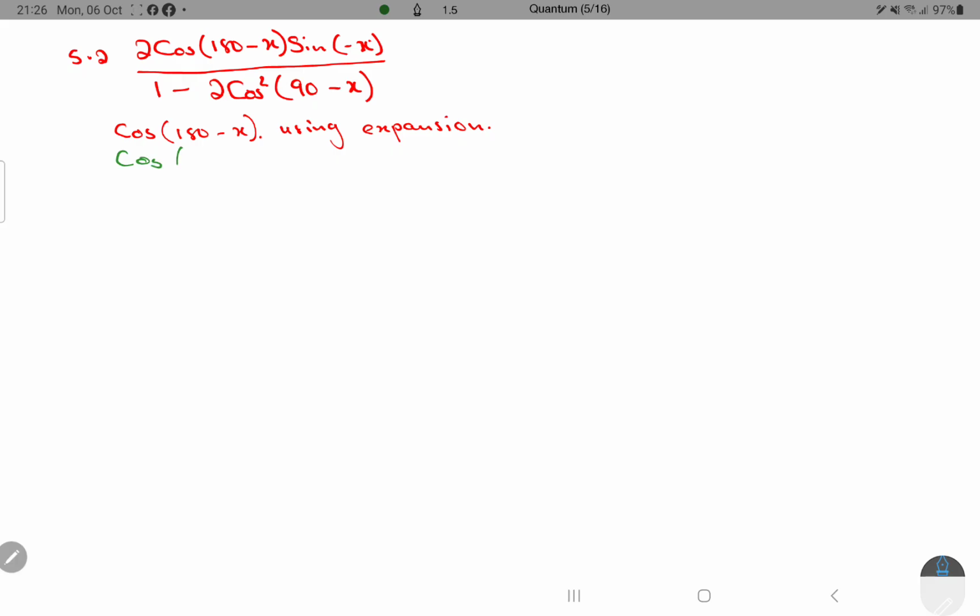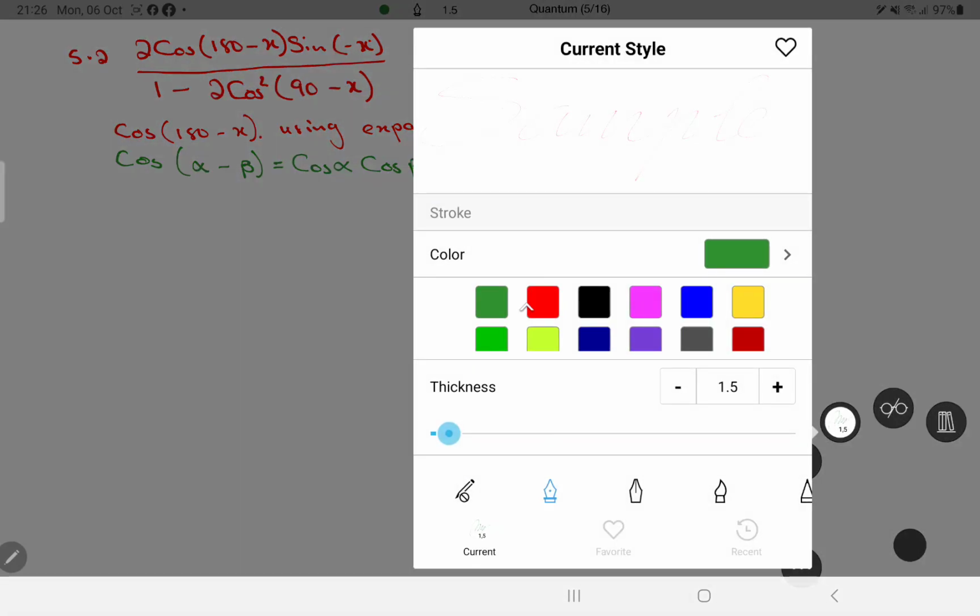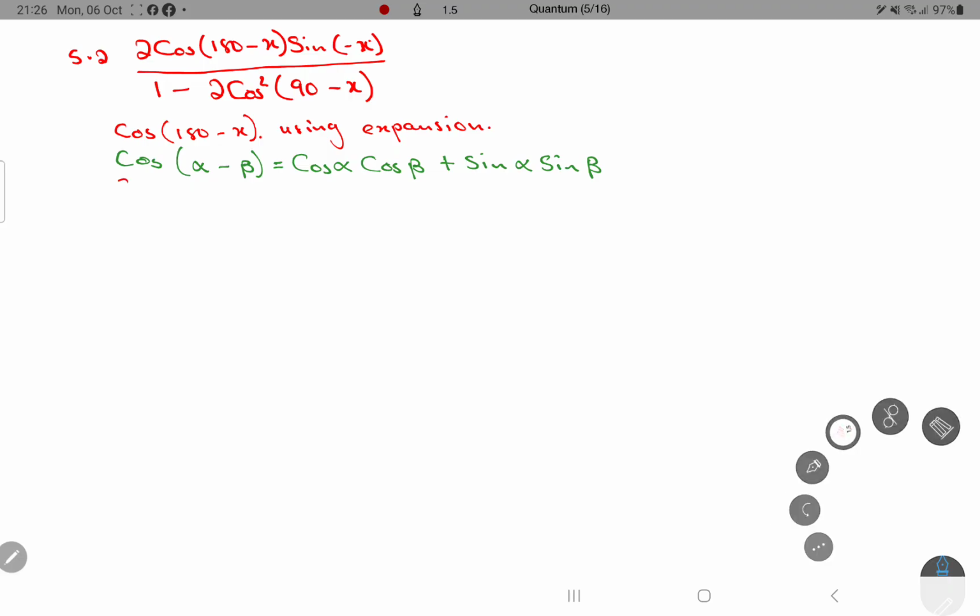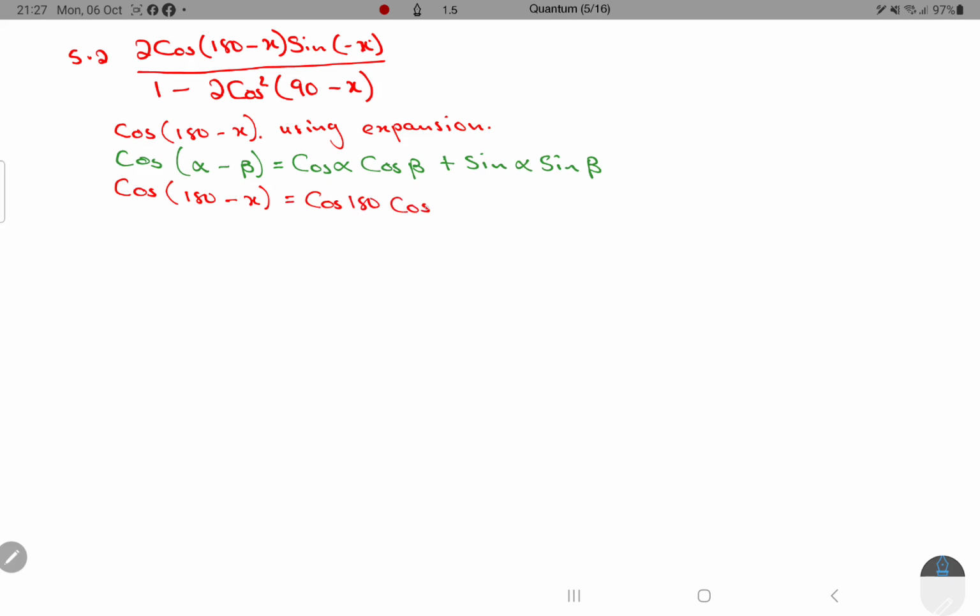Cos of alpha minus beta is equal to cos alpha cos beta plus sine alpha sine beta. Then we go back to our red color.